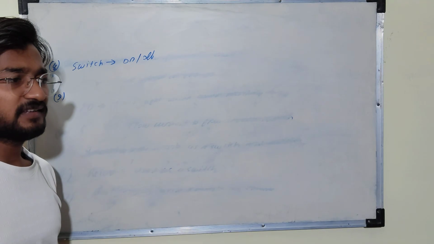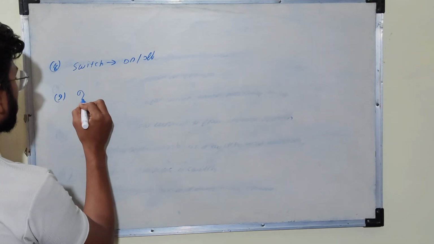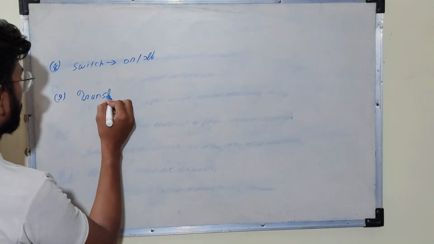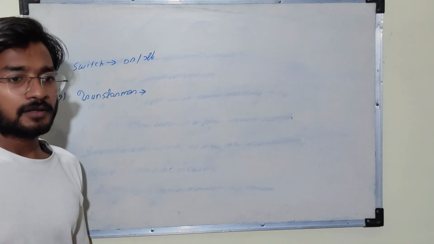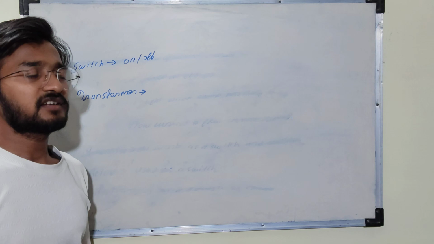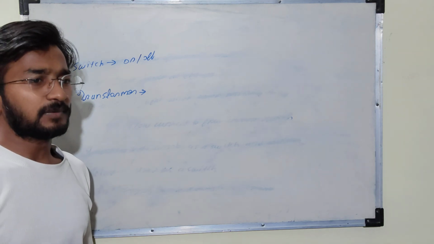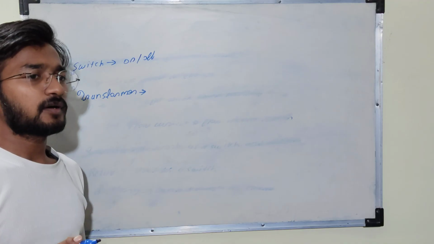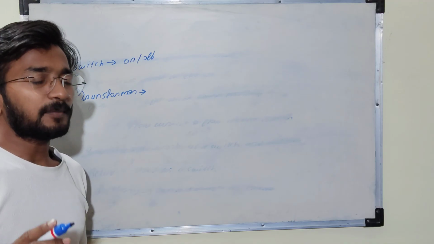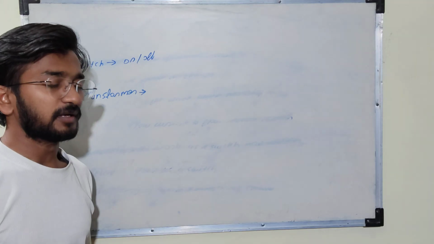Our ninth component is transformer. Remember that if you build an electronic project, then you need DC supply. There are two types of transformer available in the market: step up transformer and step down transformer.